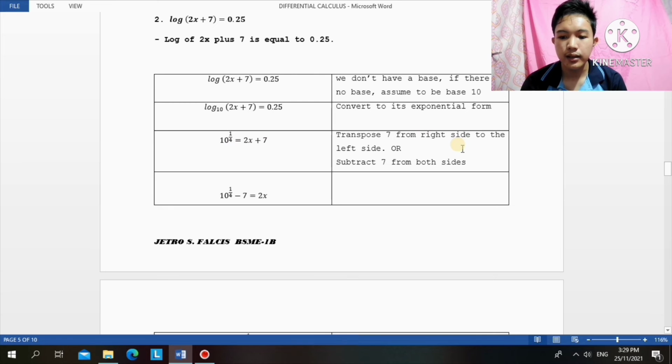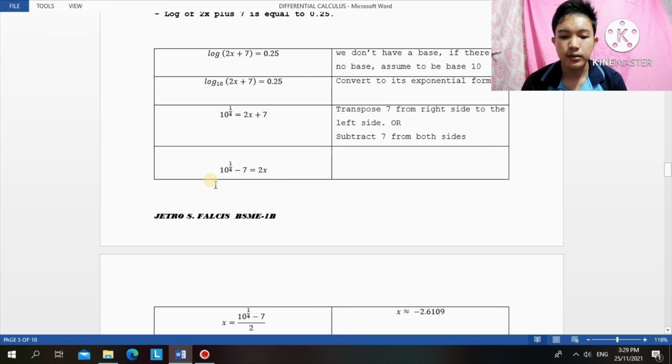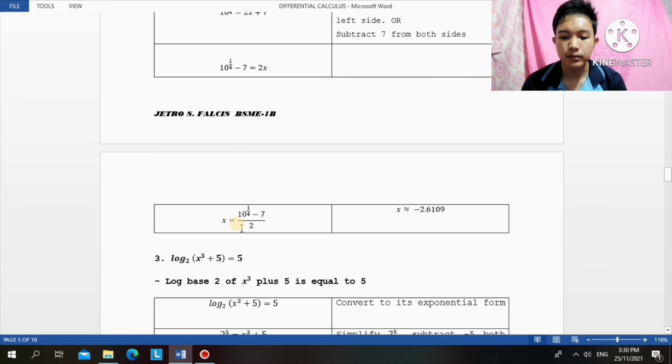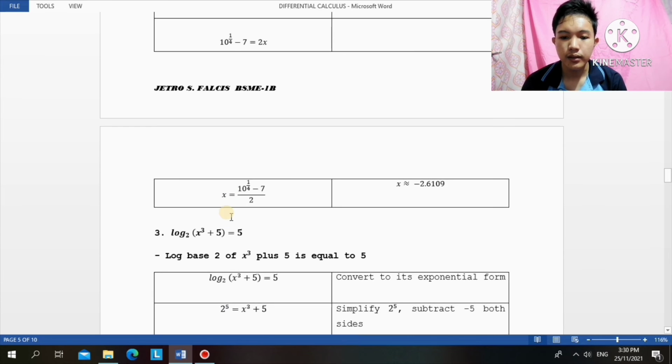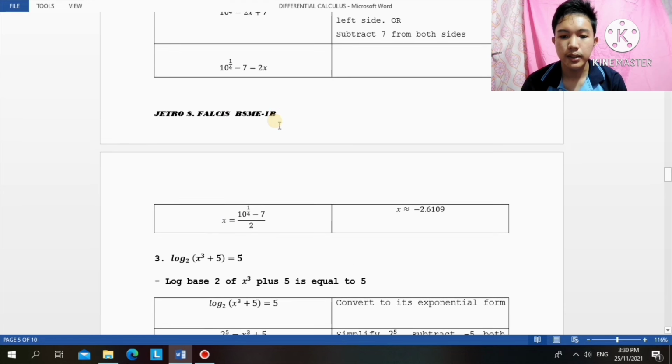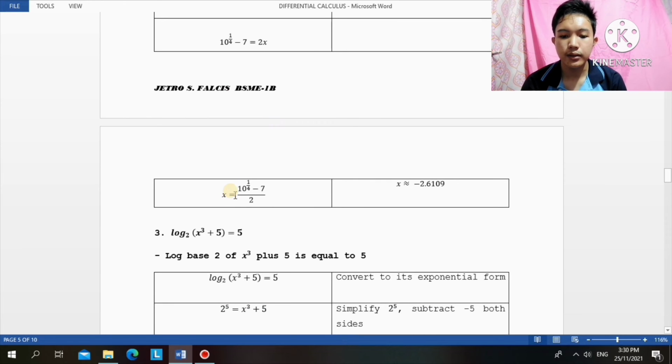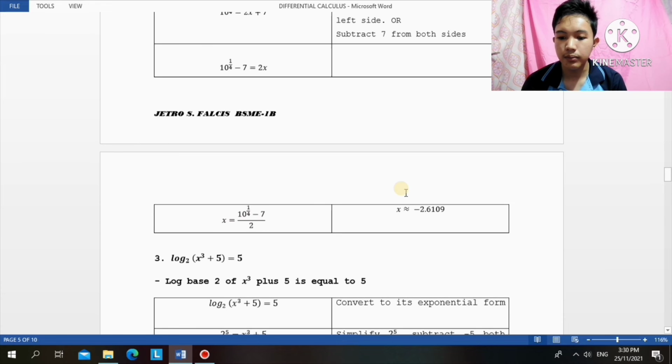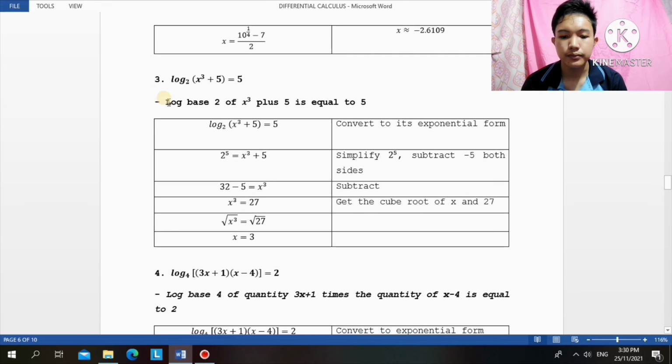Subtract 7 from both sides. So 10 raised to 1/4 minus 7 is equal to 2x. Then divide both sides by 2. So our x is equal to 10 raised to 1/4 minus 7 over 2, or x is approximately negative 2.6109.